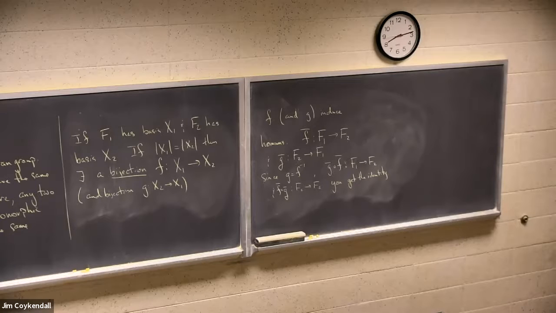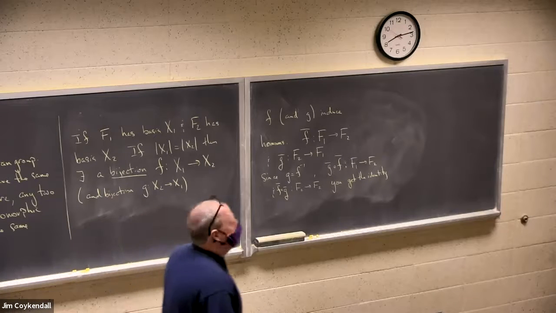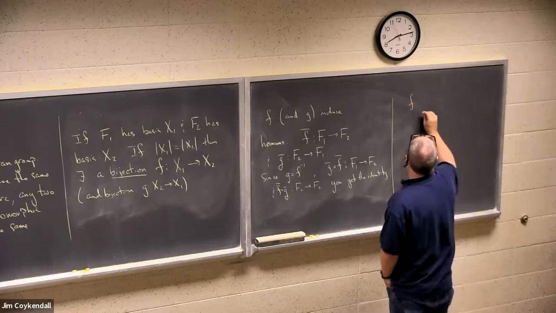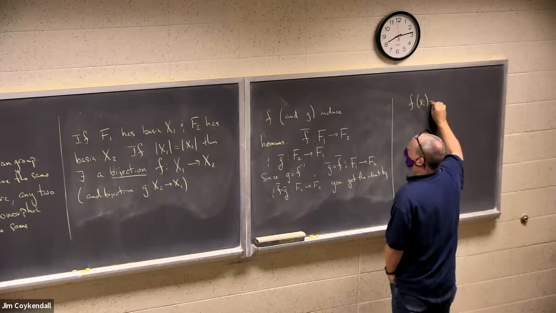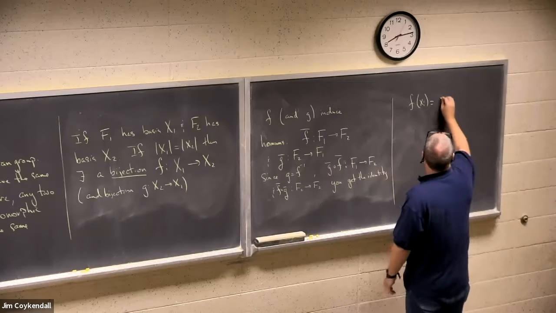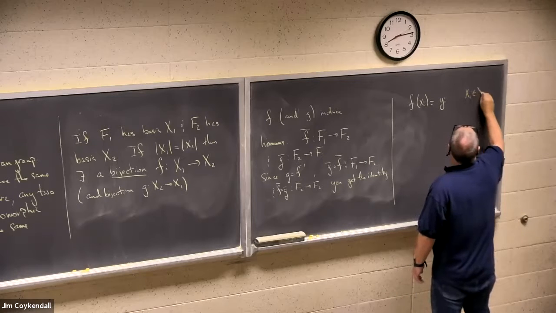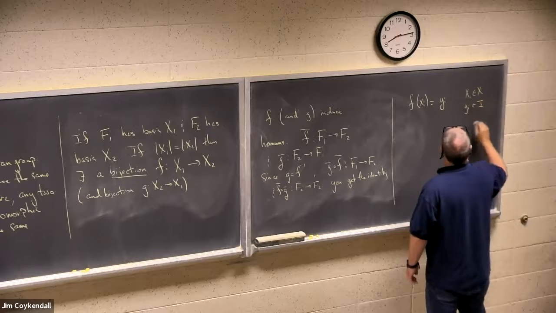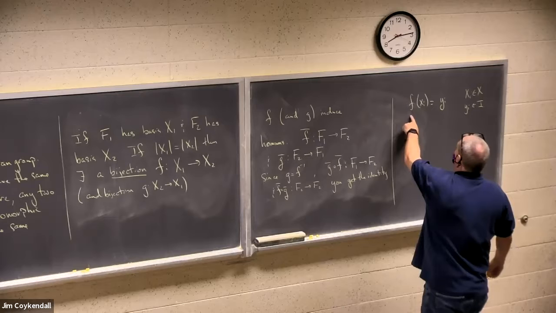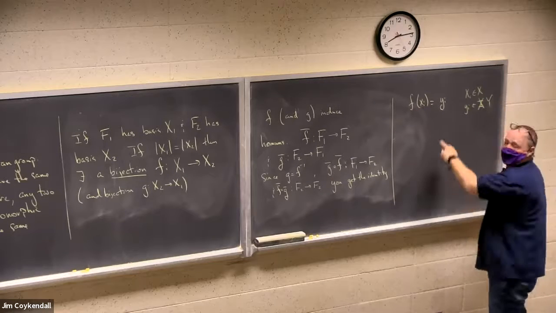So what exactly is F bar in this case? What does that do? It's just the induced homomorphism. For example, let's say F has this rule: F is our bijection, so F takes each Xi to Yi.